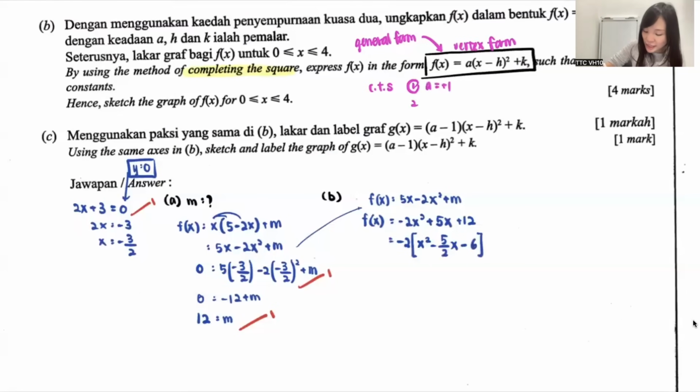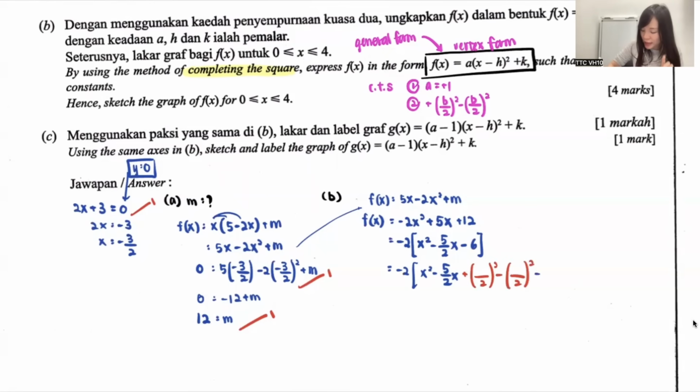Then the second step is you need to plus b over 2 squared minus b over 2 squared. This one cannot skip, it's always like that. So where do you add that? After the b, you add it on here: plus b over 2 squared, then minus b over 2 squared.